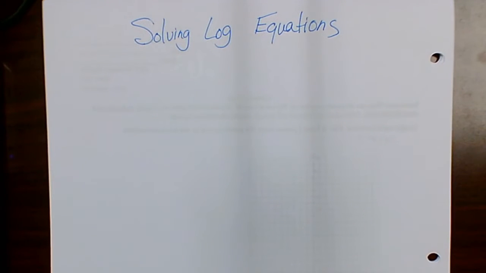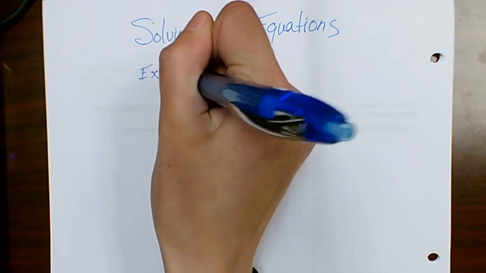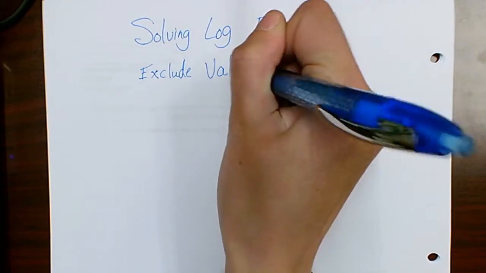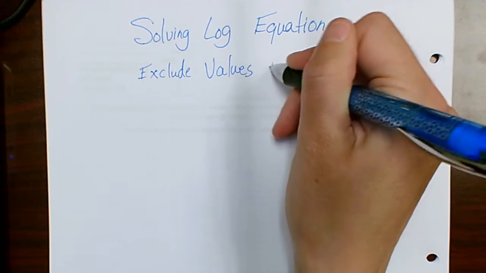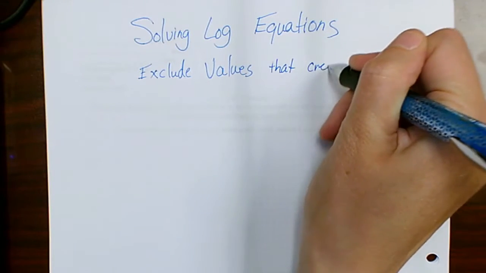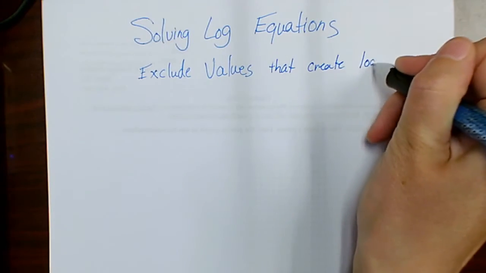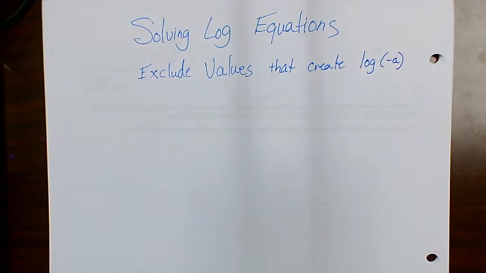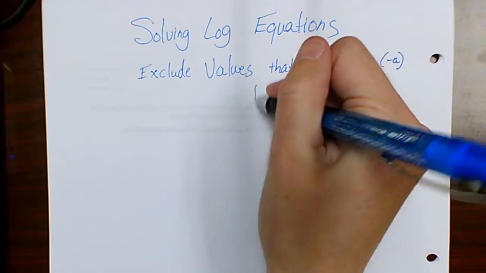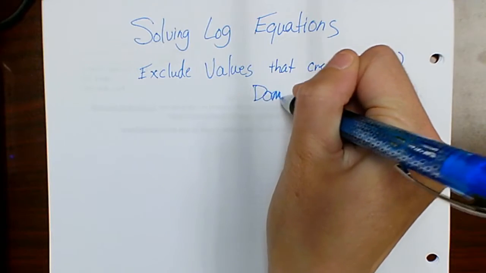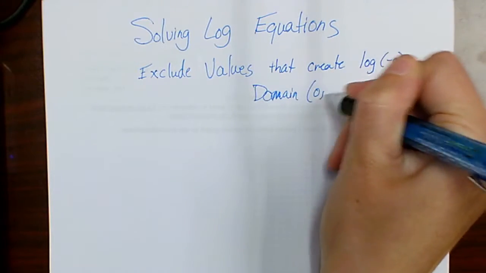We will solve log equations. Now, we will use any of the properties of logs to solve these, and we have to make sure to exclude values that create a log of a negative number, because remember, the domain goes from 0 to infinity.